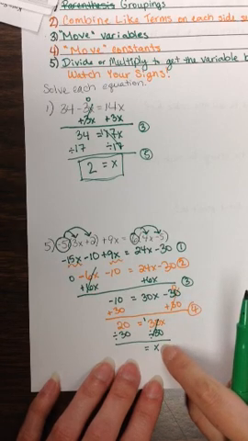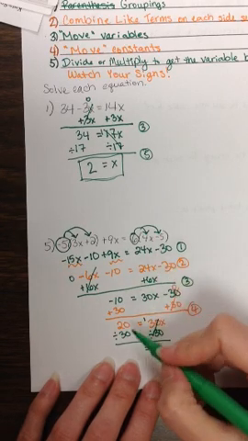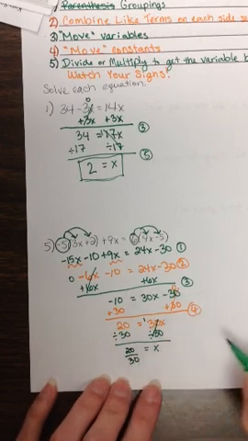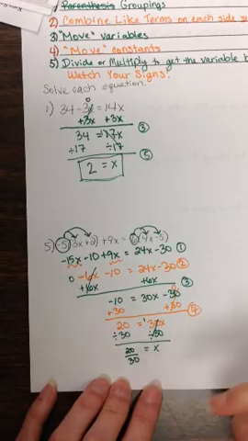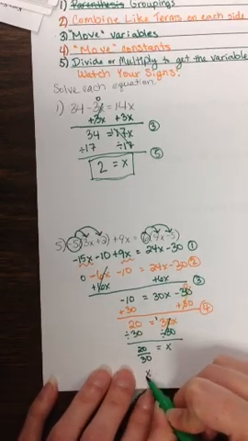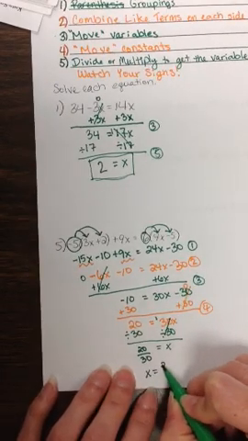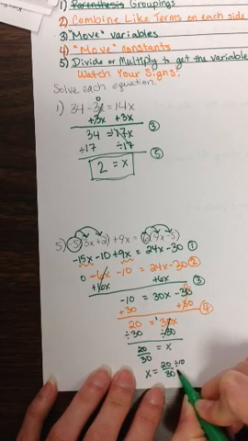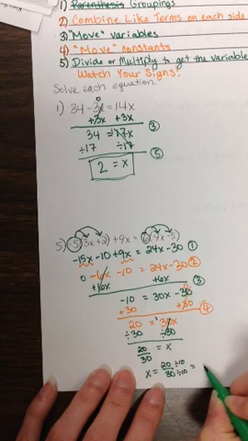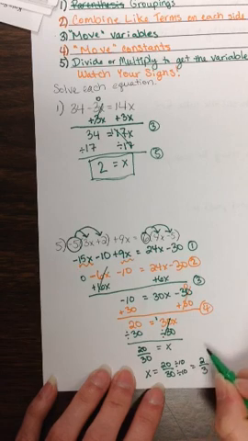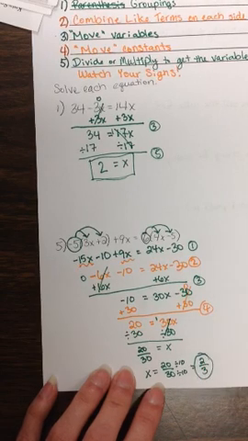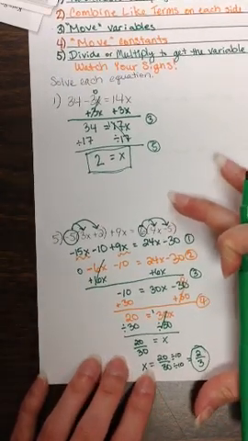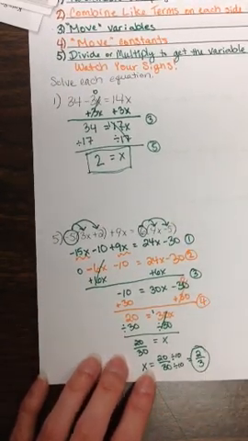So I have a 1x over here, and then a 20 divided by 30 over on this side. I can simplify that 20 divided by 30 by dividing 10 on both the top and the bottom of that fraction, and I just get 2/3 as my final answer. And again, with all the work that we're showing for this problem, I want to make sure that I am circling my answer at the end.